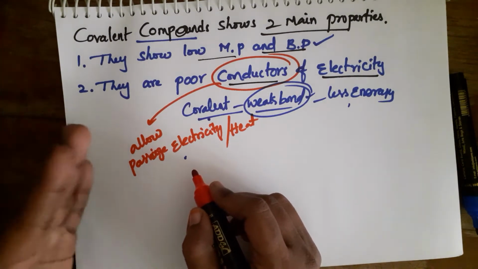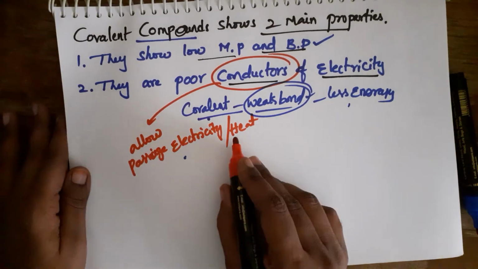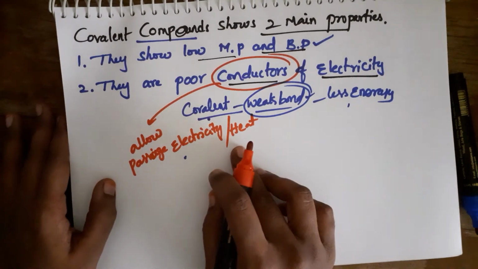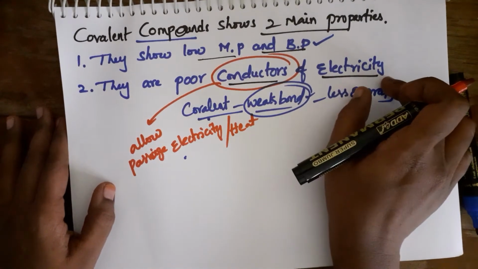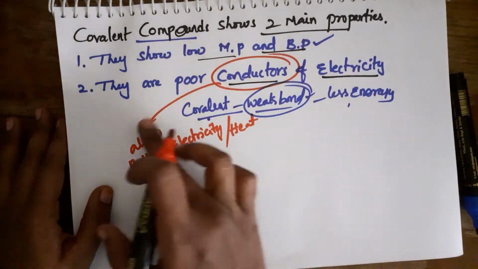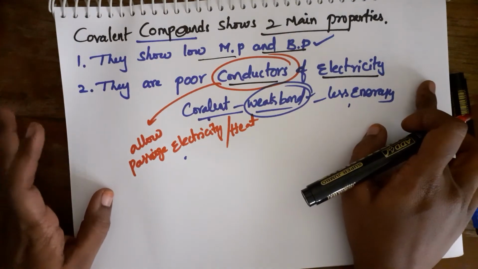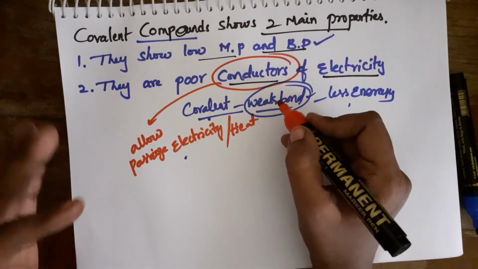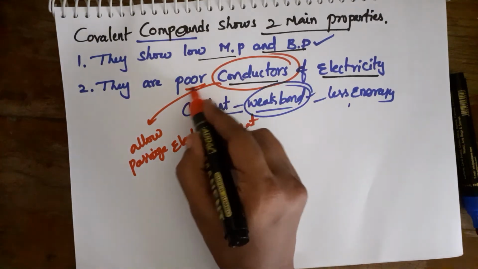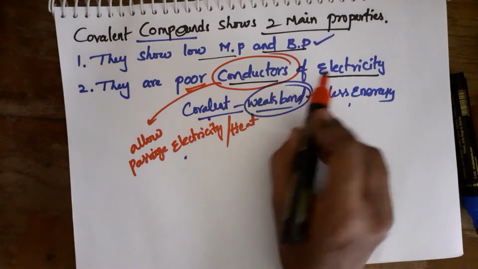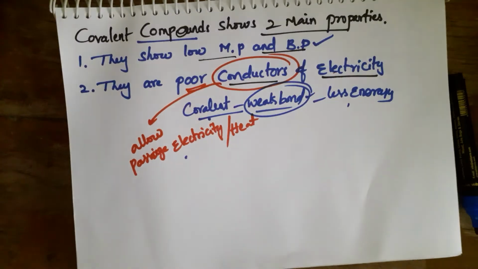Or else if it does not allow current and heat, then it is called an insulator. Some exceptions are there for this electricity topic, okay. We'll see later. They are poor conductors of electricity, okay. They do not allow the current, or they allow current only a little bit. They are poor in allowing passage of electricity through them, okay.